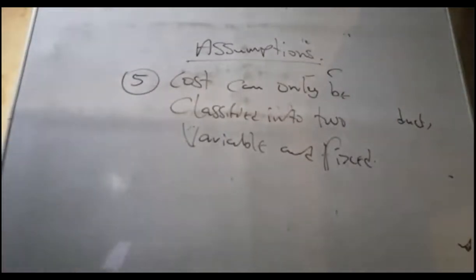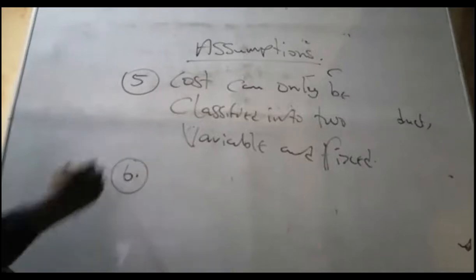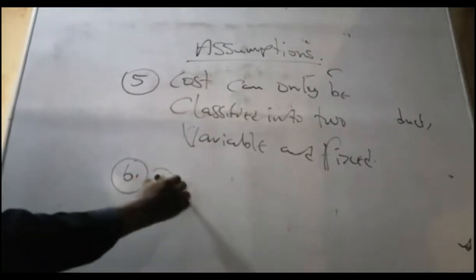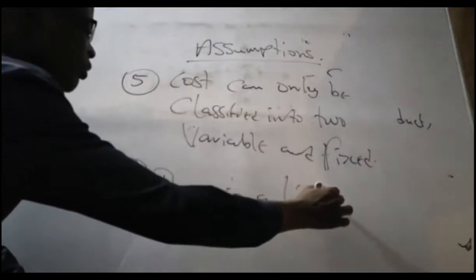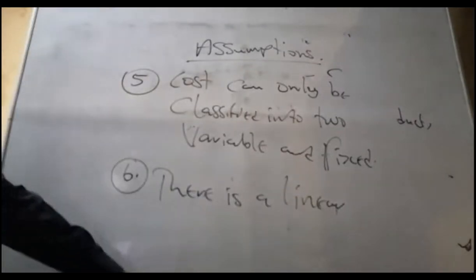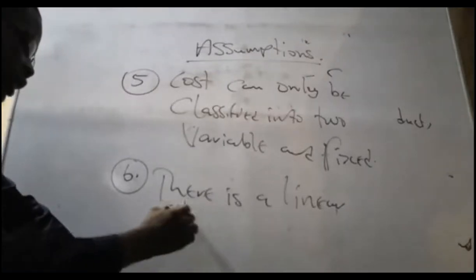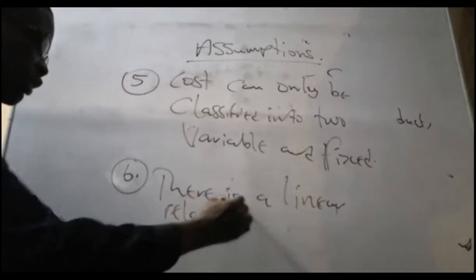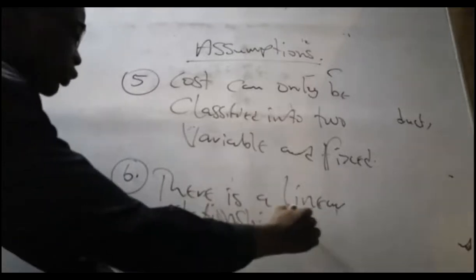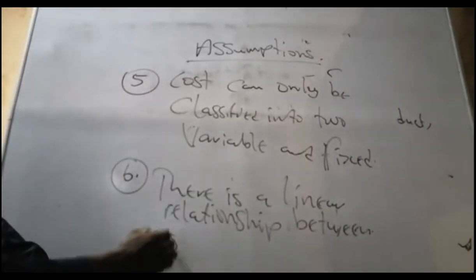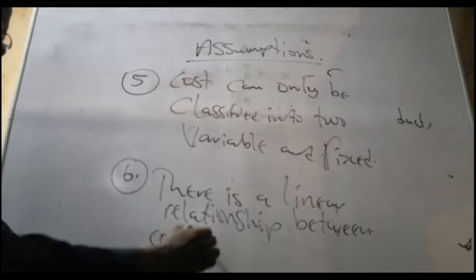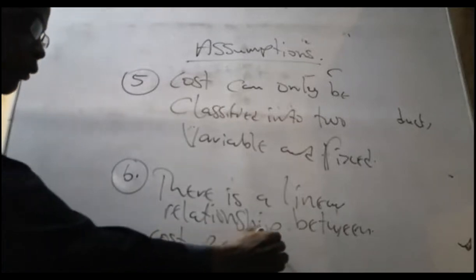Assumption 6. It assumes that there is a linear relationship between costs, revenue, and output.